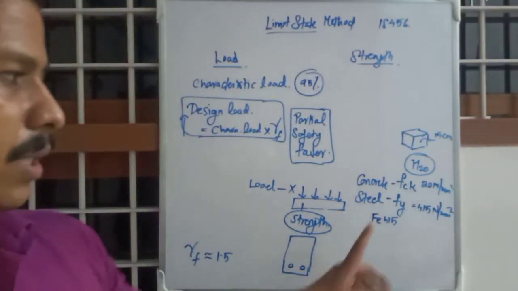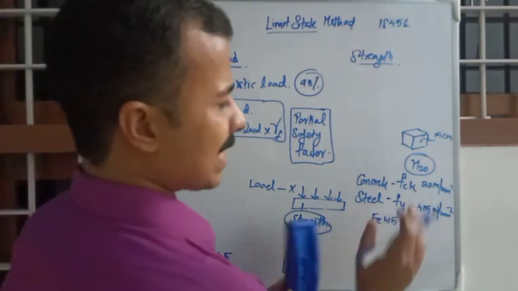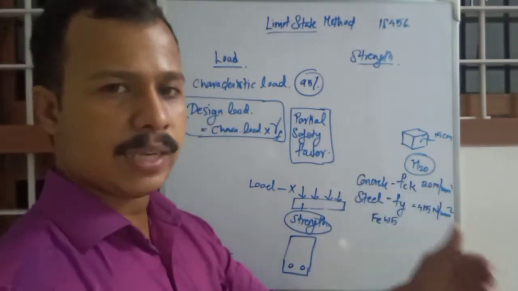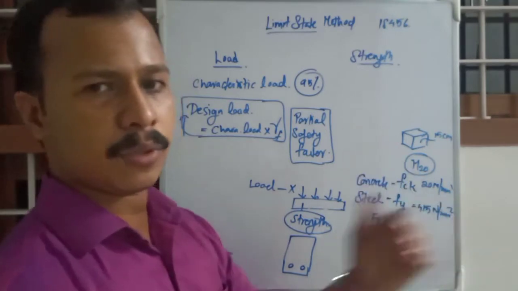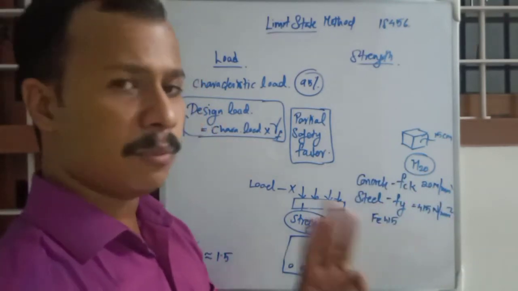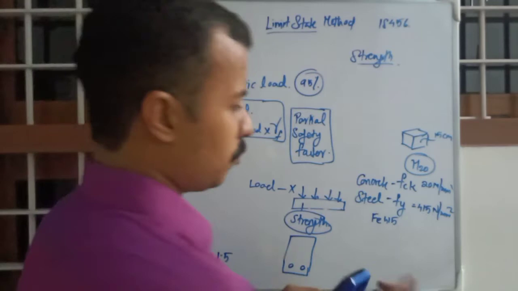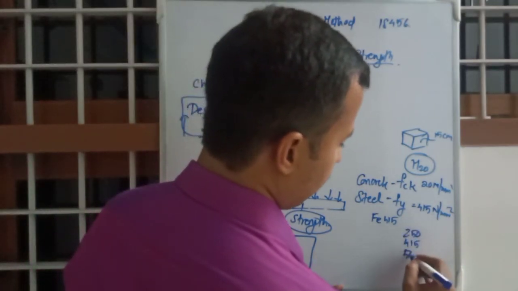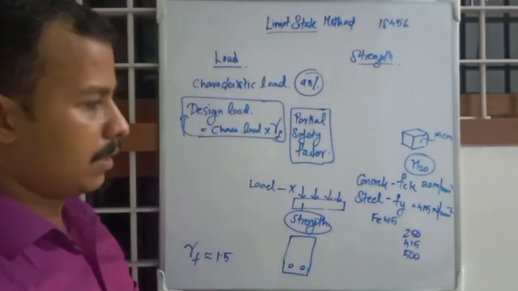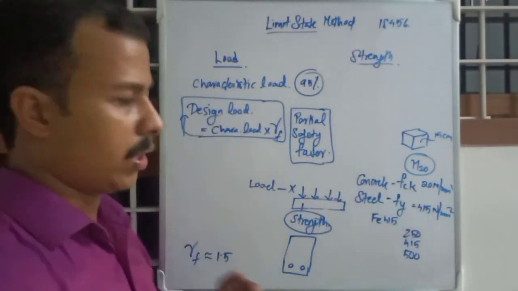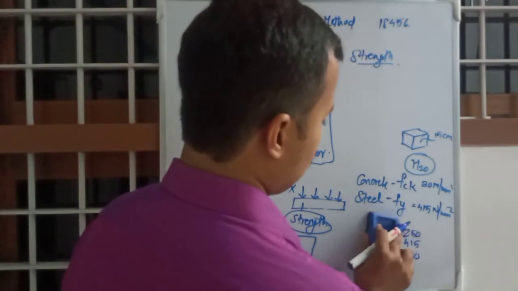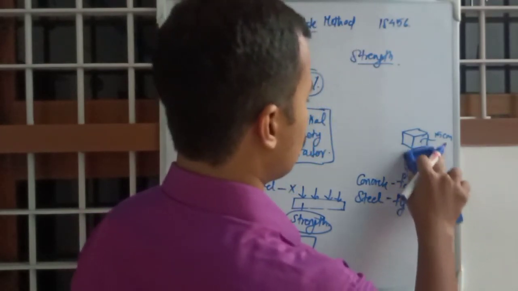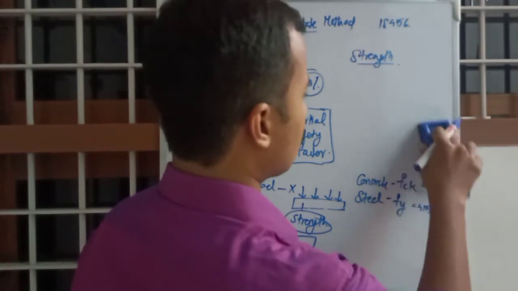These are two examples. It can change. fck can be 15, 20, 25, 30, 35, 40, etc., and fy can be three values: 250, 415, and 500. This value can be either of these three.